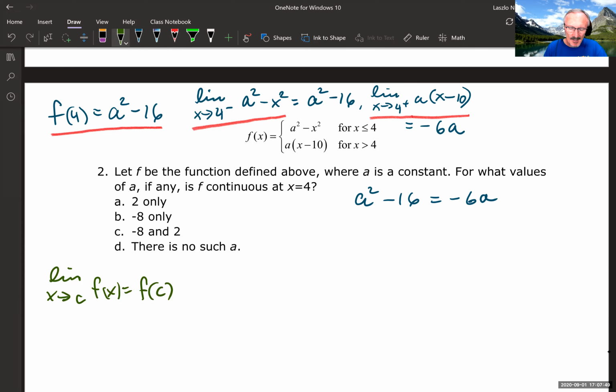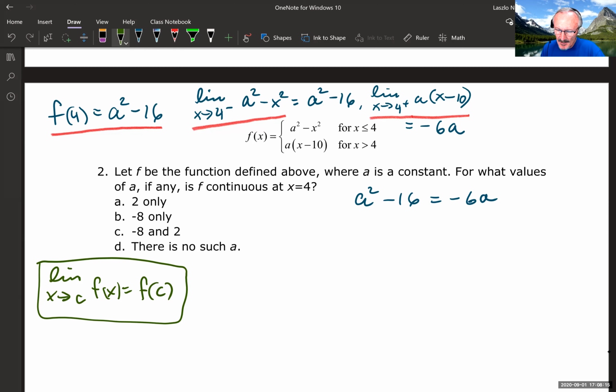Now, a little more to be said about this. This is what we're trying to show, but we need to use the name of our function and the actual numerical value of x, not just some generic c. If we use some generic c, that's a recipe, and that does not earn points on the AP test. But getting back to our problem at hand, what do we have here?